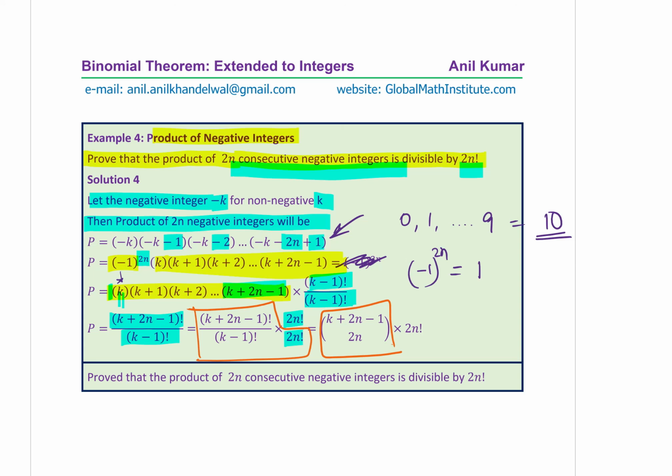So that is how you could write this. And therefore, the whole thing boils down to k plus 2n minus 1, choose 2n, times 2n. And that is how we are going to prove that this product of 2n consecutive negative numbers is divisible by 2n. Perfect. So that makes sense. That is how we are going to end this.